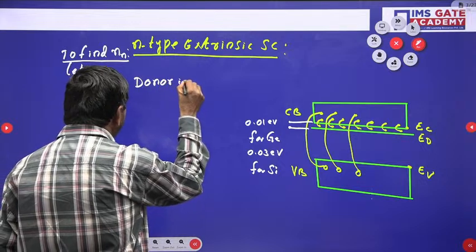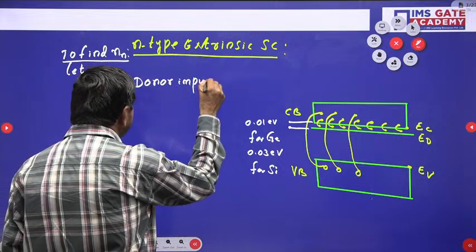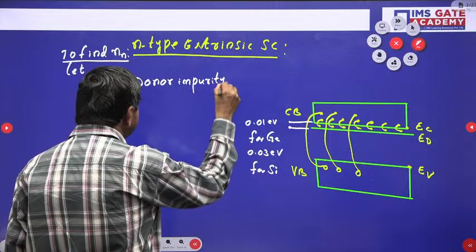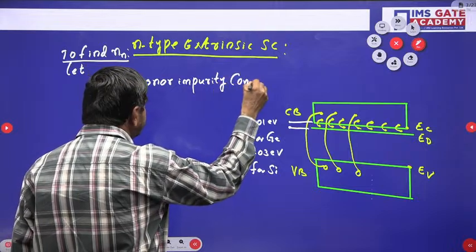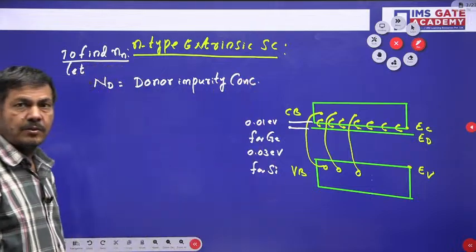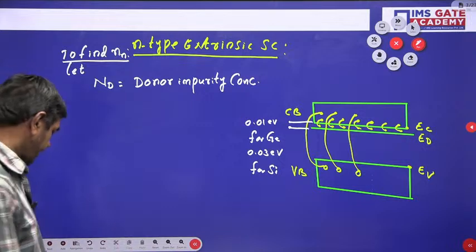Nd equals the donor impurity concentration.